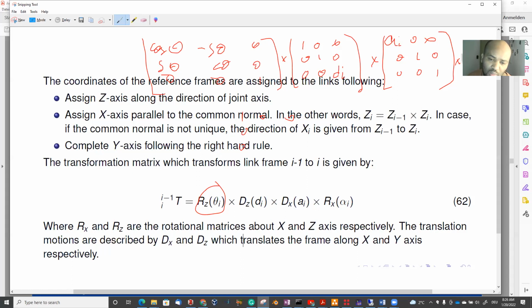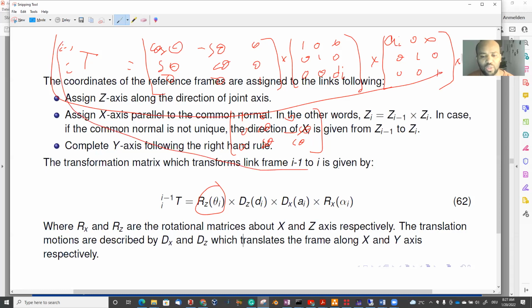Here you have something about rotation, which is c theta, minus s theta, s theta, c theta. When you multiply all these, you will get the transformation matrix from I minus 1 to I.